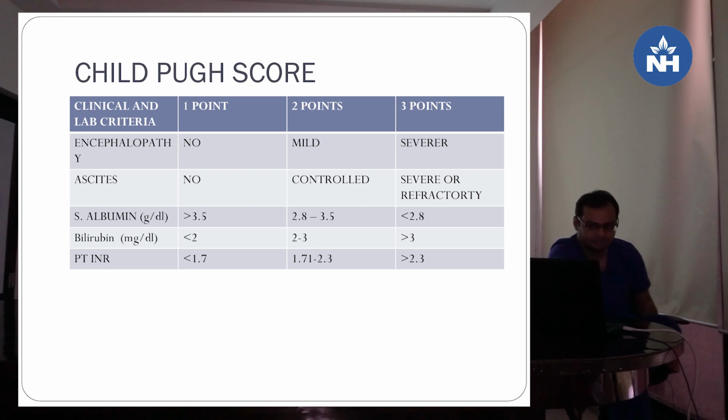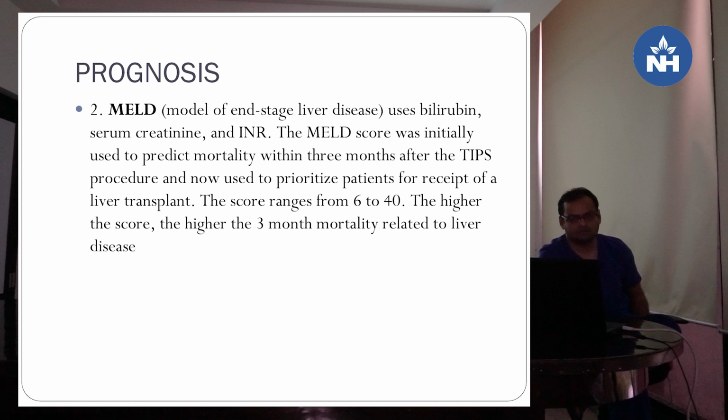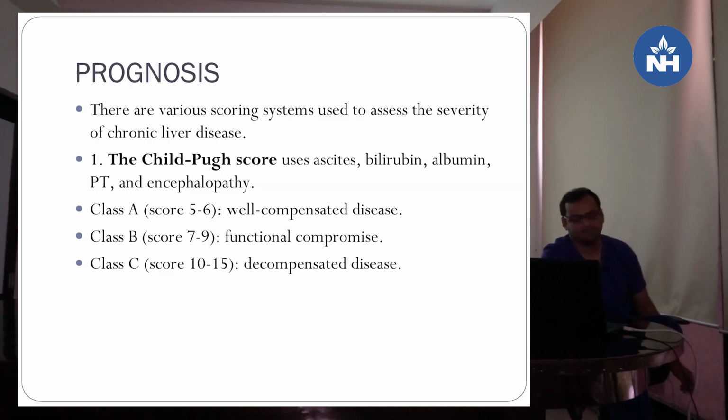Similarly, everything has 1, 2 and 3 points across these 5 parameters. Class A, score 5 to 6, is well compensated disease. Class B, 7 to 9, is functional compromise, and class C, score 10 to 15, is decompensated liver disease.